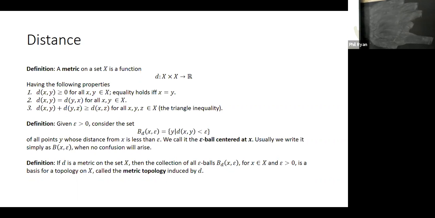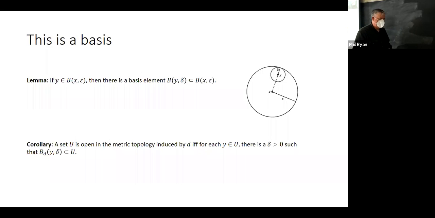You get all those epsilon-delta arguments that you've seen before. So this shows you that at the heart of analysis is topology. That's an important thing to realize. So why is this a basis?